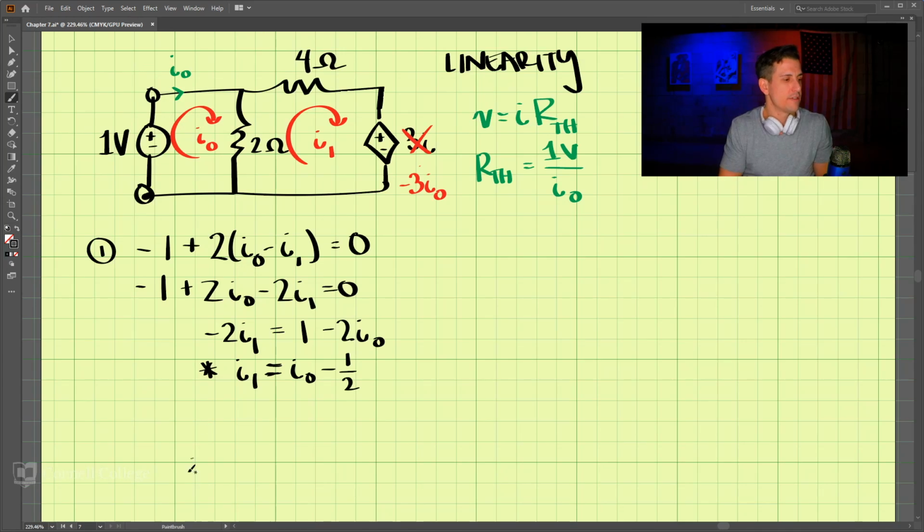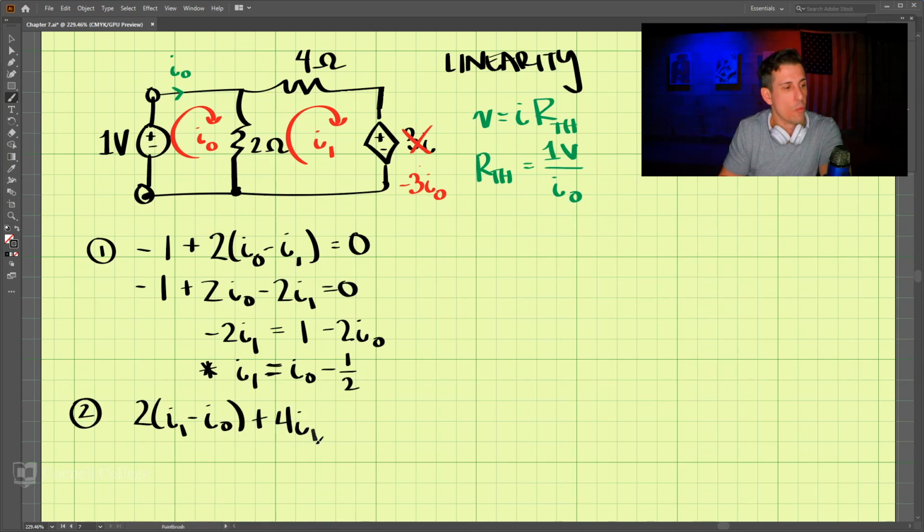And let's do the second loop. We will start here and go up, where we have 2 times I1 minus I naught here. And then plus 4 times I1 here.